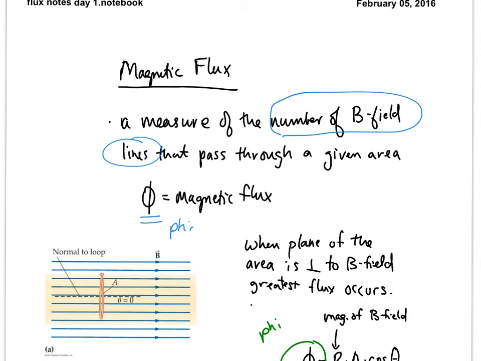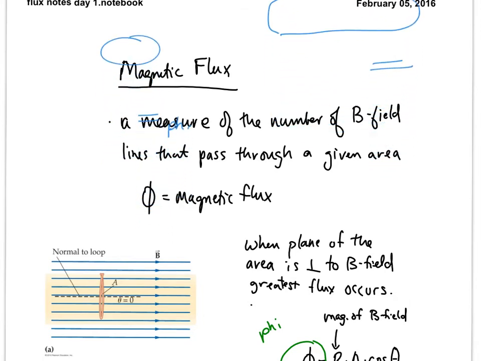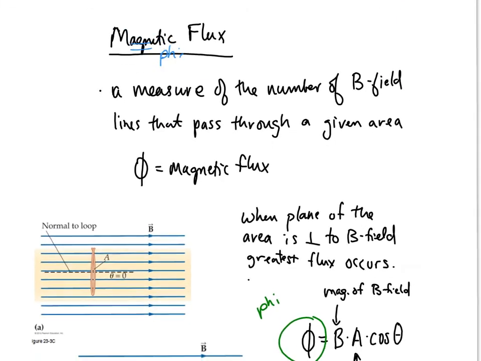So phi is magnetic flux. You can think of magnetic flux as just the number of B field lines going through a specific area. Usually the area is a circular loop. It might end up being a rectangle or something like that.